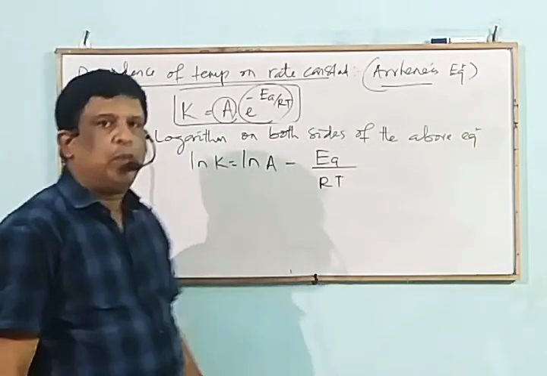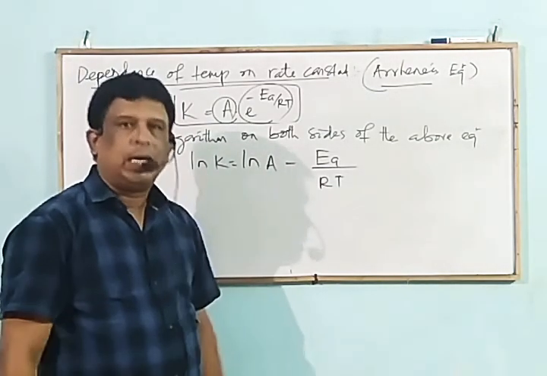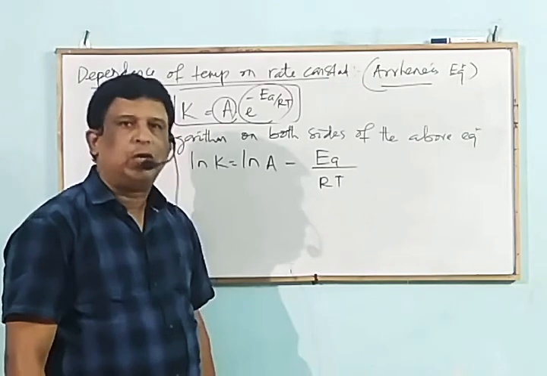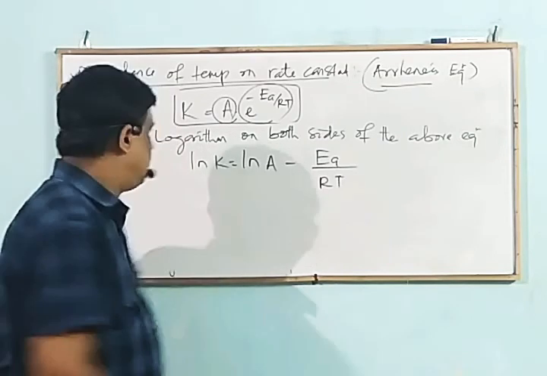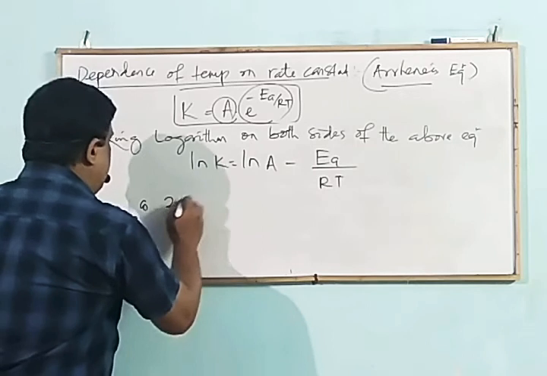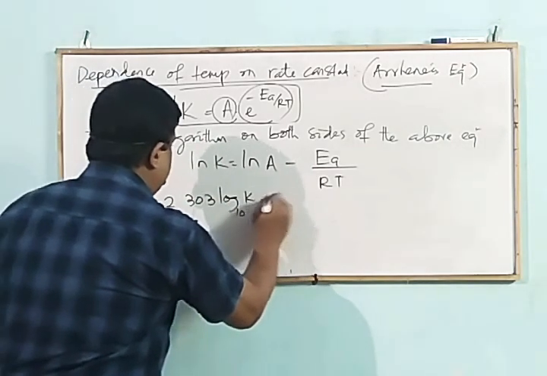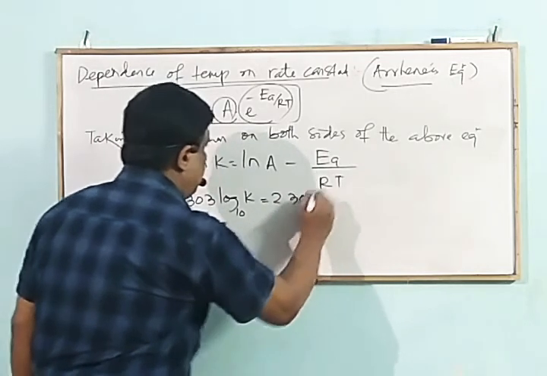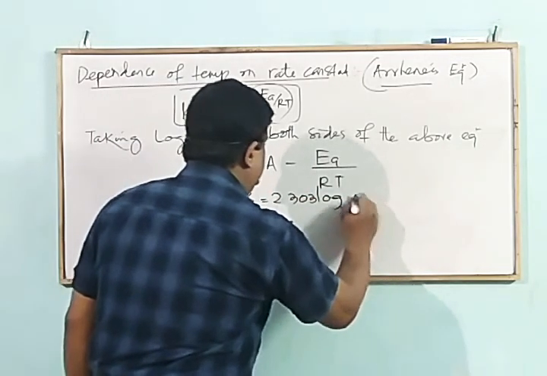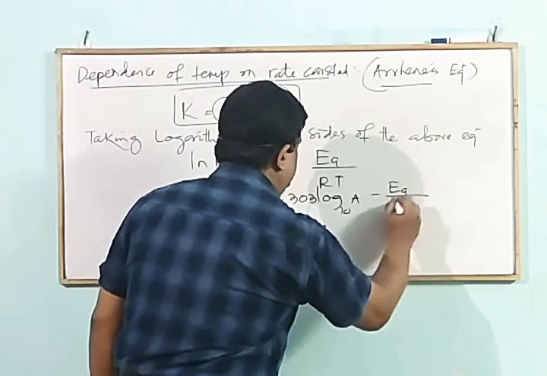Ln means logarithm base e. To transfer to logarithm base 10, we have to multiply by 2.303. That is, 2.303 log base 10 k is equal to 2.303 log base 10 A minus Ea by RT.